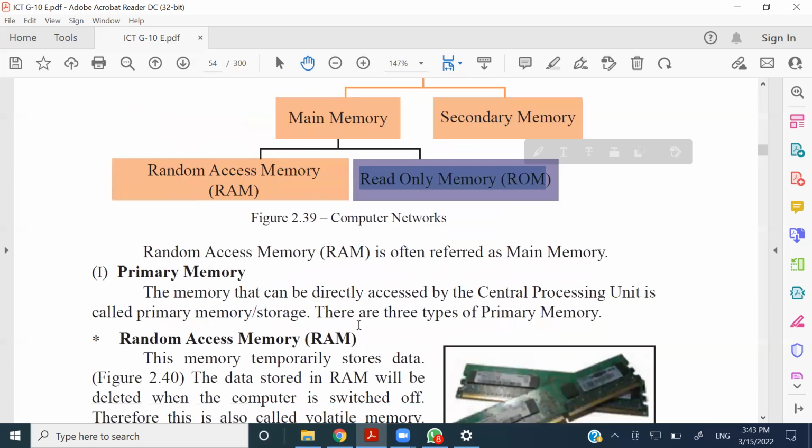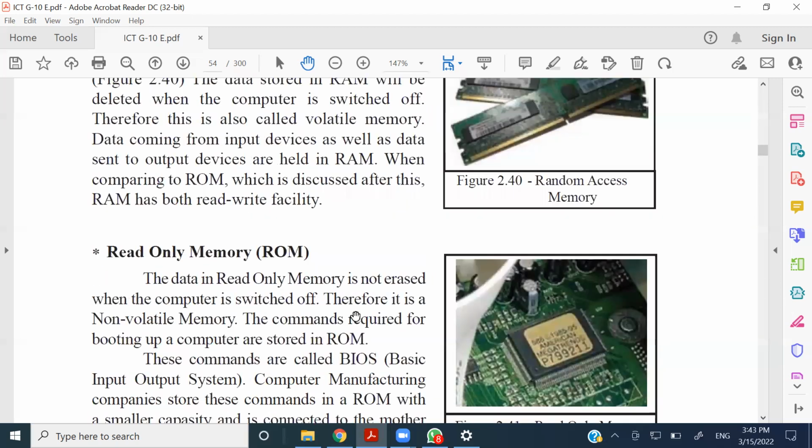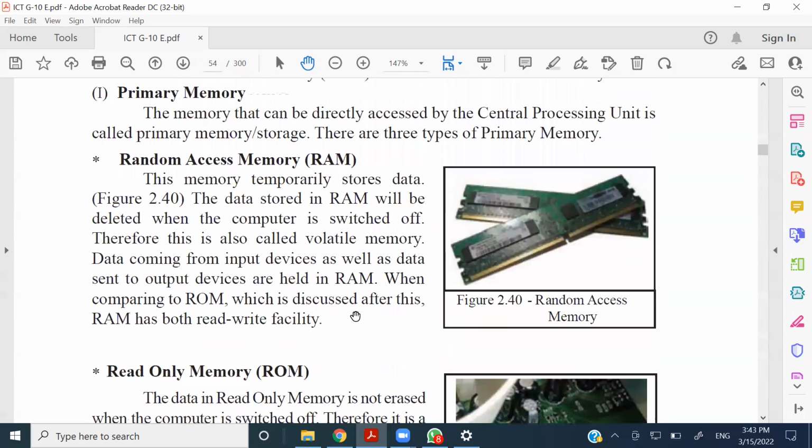So when it comes to the random access memory, it is kind of a primary memory. So we have the hardware that we saw, which we were using to assemble the computer last time, right? So generally it comes as a green color bar, right? With some copper lines at the bottom, right?